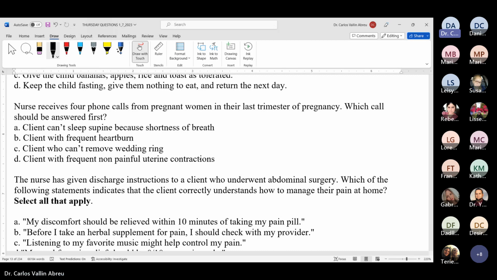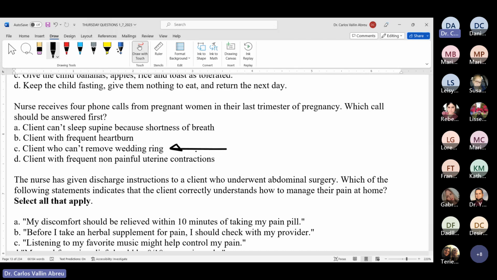C. Very good. See, this is concerning. Edema in the legs, edema in the ankle, pedal edema are expected at the end of the pregnancy. But edema in the hands, edema in the face is not expected and suggests severe edema that could be associated with preeclampsia.